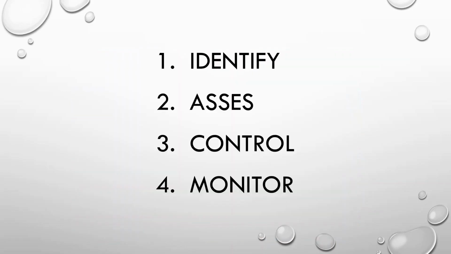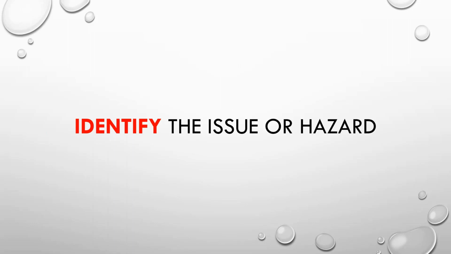Moving away from some of the types of equipment available, I'll now begin to explain how this model works that we mentioned at the beginning of the session. We will then look at some examples and apply this model to that specific site. To start off, we obviously need to identify the fact that there is an issue or hazard on site which needs to be addressed.